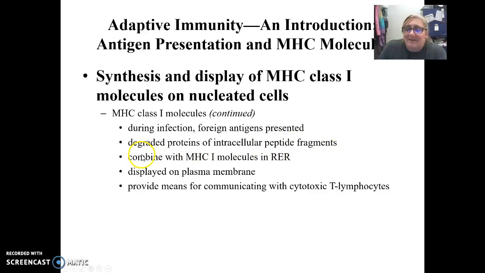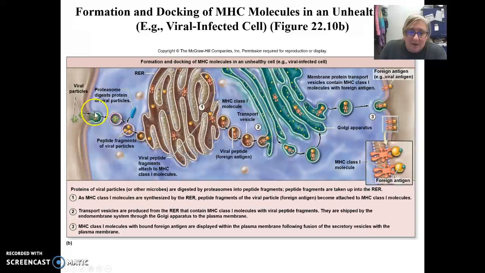So if we get infected with a viral infection or something, then some of the viral proteins can be degraded and can be inserted into the self-antigen. So here we have that viral protein coming in, or the viral material coming in.